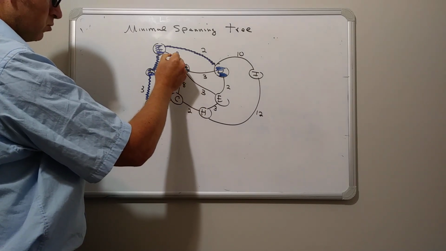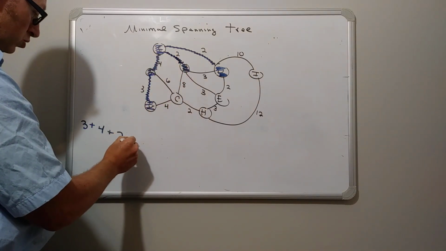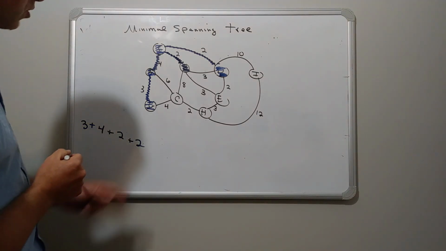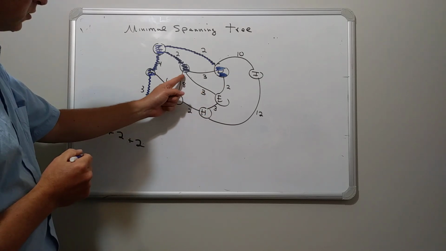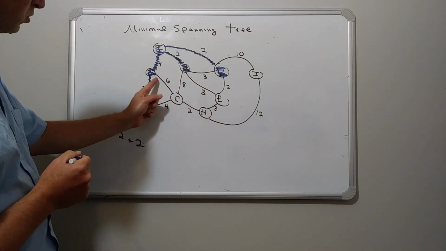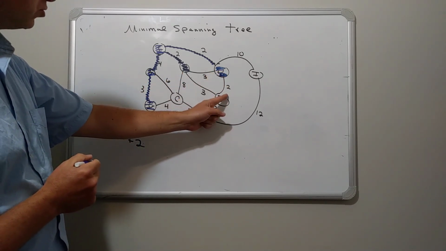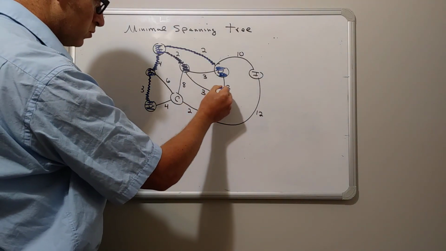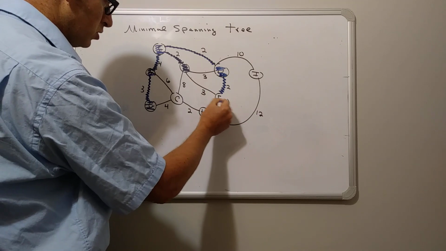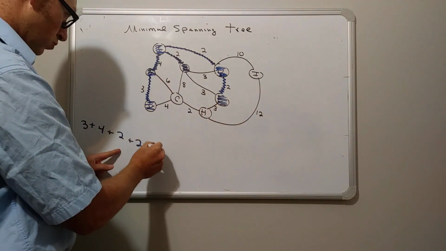So reinforce that, plus 2. Okay, from shaded to unshaded there's 3, 8, 4, 6, 2. 2 is the winner, 2 is the smallest. So use this one, shade in E, and add another 2.